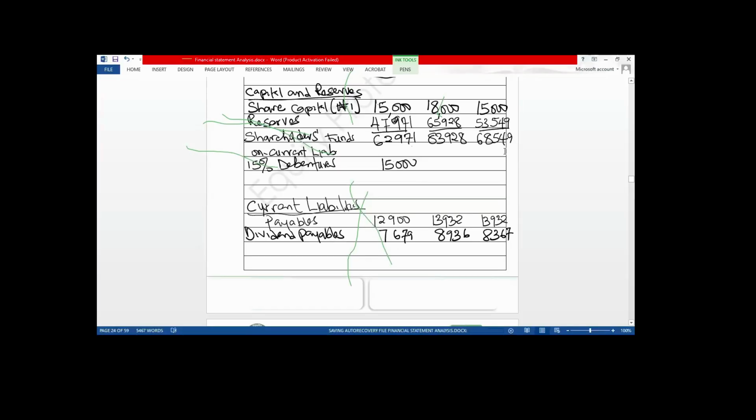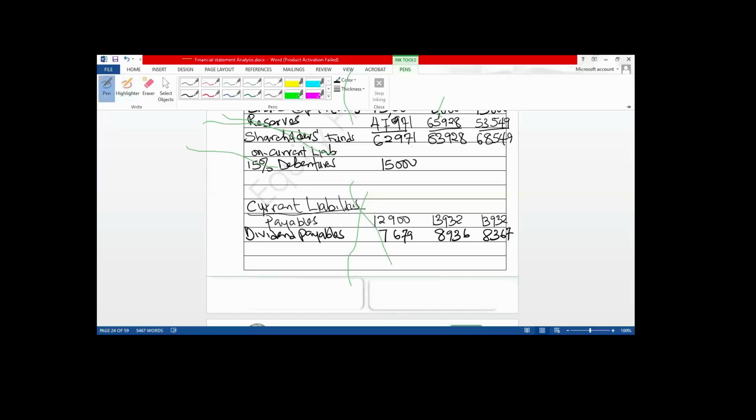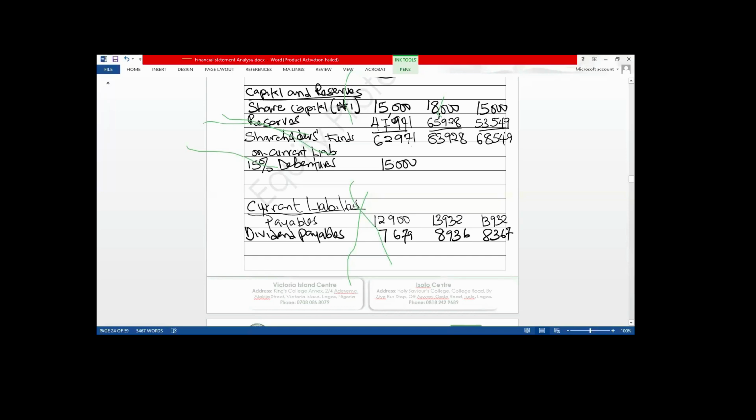This is still existing here. $15,000. This debt is still existing in 2018.